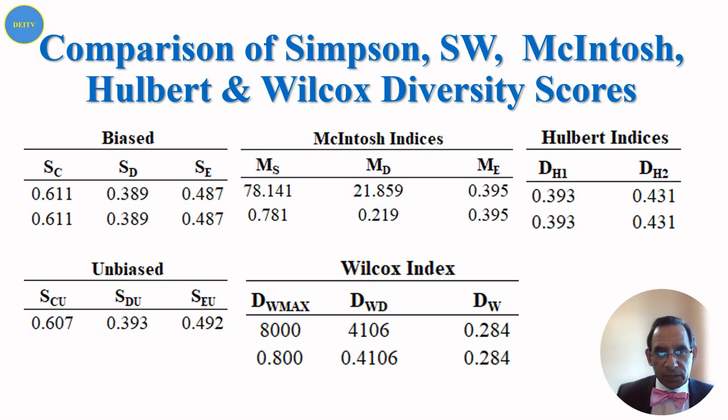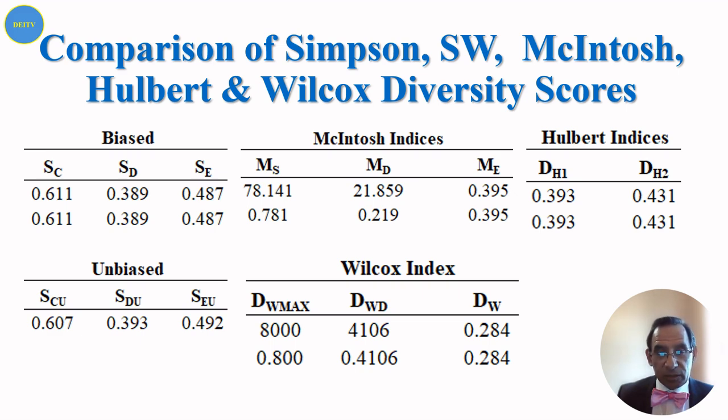As I mentioned a few seconds ago, the Wilcox index yields diversity scores that are significantly smaller than the previous indices that were discussed. So for example, if we take the Bias-Simpson evenness score or standardized score, that's 0.487. Again, if we look at the Wilcox score, that's 0.284. The unbiased Simpson index yields a standardized diversity score of 0.492.